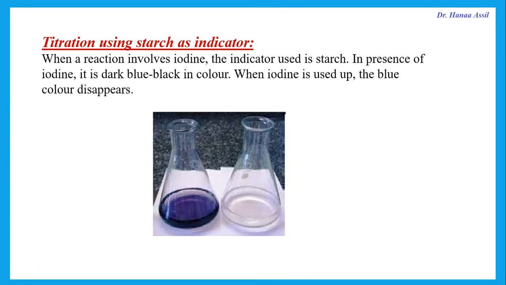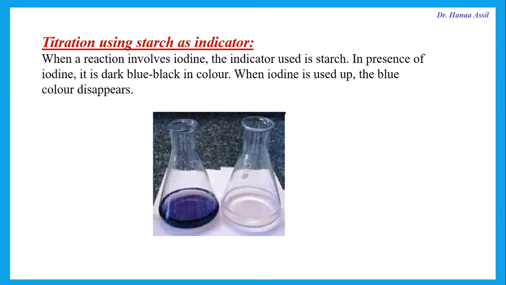What if we're titrating something that has iodine in it? So a reaction that is starting with iodine or is forming iodine, then in that case my indicator is starch. So when a reaction involves iodine, the indicator uses starch. In presence of iodine, starch gives a dark blue-black color.